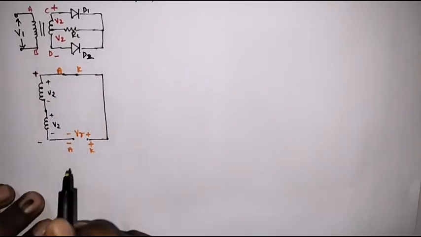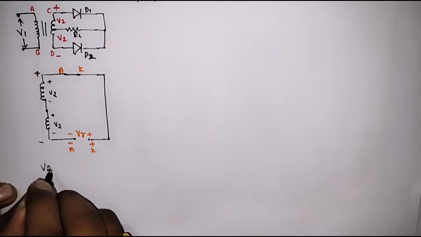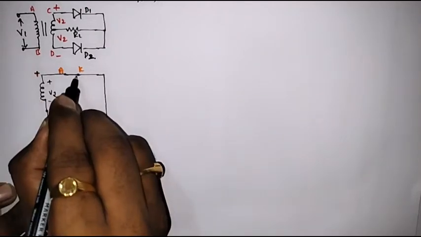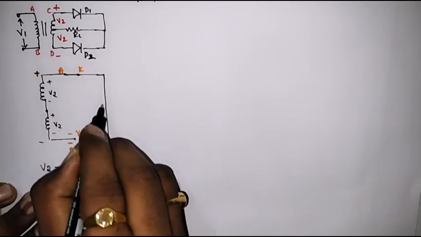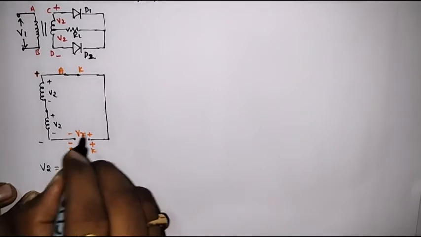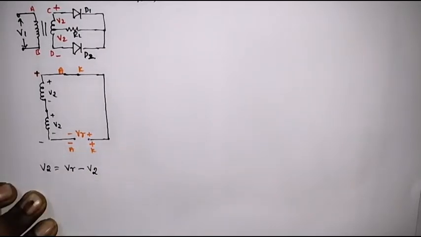Now let's calculate the reverse voltage for this full wave rectifier with center tap. So now I'll analyze this circuit. I can write V2 is equal to, as this part is shorted, voltage across this is 0 and the current will flow like this. It will be VR, then the voltage drop across this is minus V2.